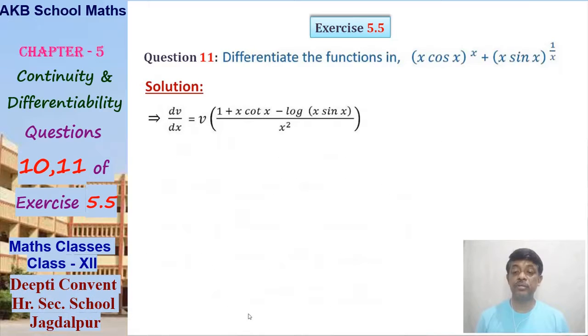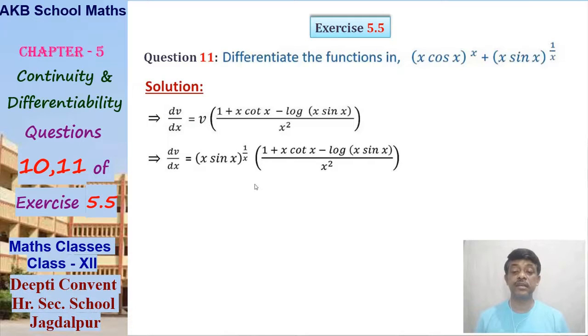Now transferring v to the right hand side as a product and putting the value of v: (1 plus x cot x minus log(x sin x)) by x square, times v, where v means (x sin x)^(1/x). This is the value of dv by dx. Now we know dy by dx equals du by dx plus dv by dx.